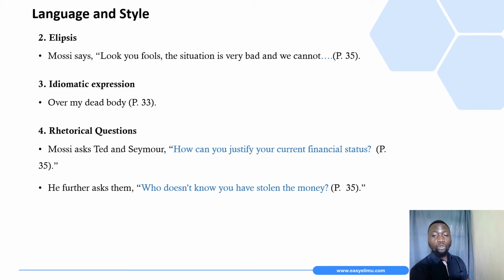So that is again on page 35. So this is when the issue of misappropriation of funds and corruption is mentioned in the newspapers.